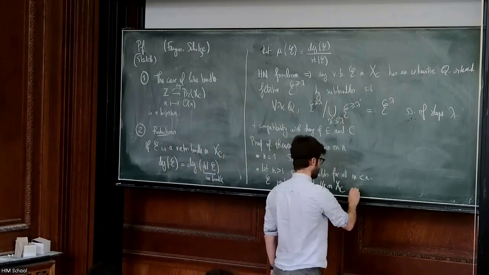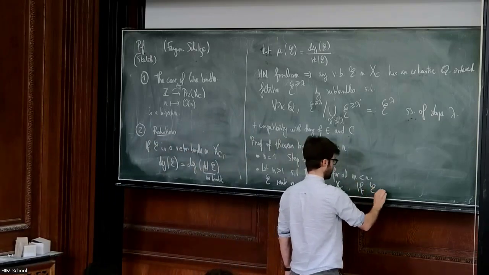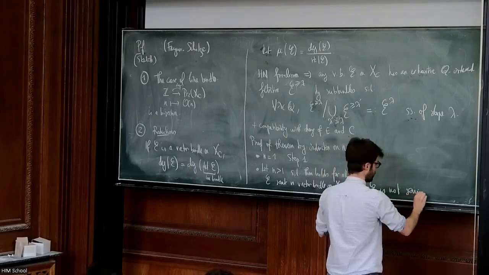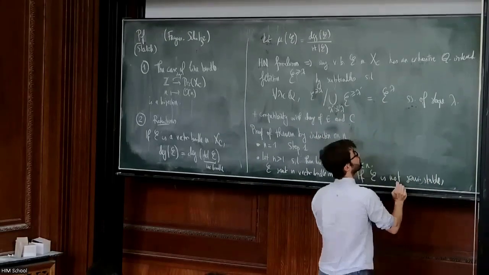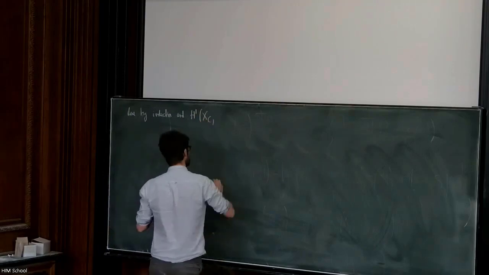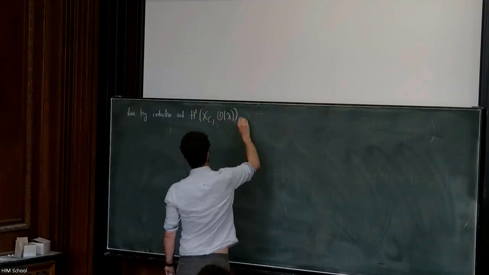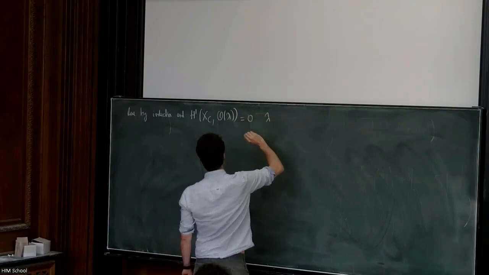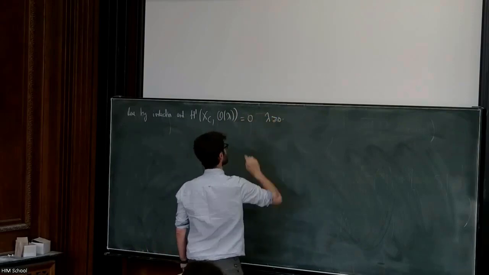Then if E is not semi-stable, of some slope, then we are done by the inductive hypothesis and the fact that H1 of X_C of O(lambda) vanishes whenever lambda is positive.